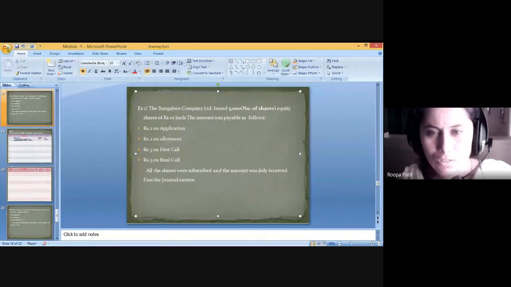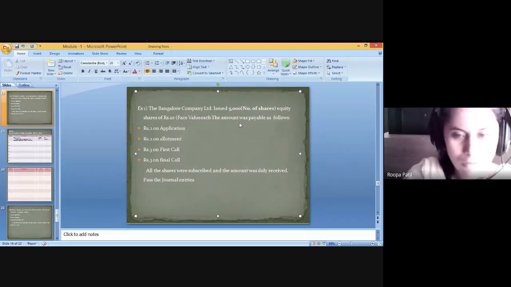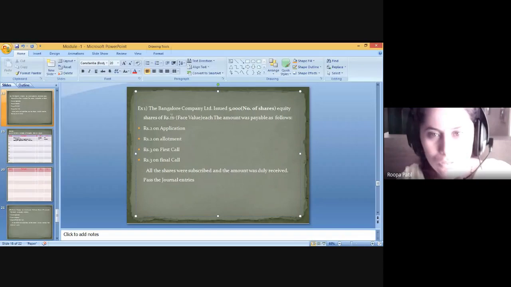So this 10 each is the face value or the par value. 5,000 is the number of shares.